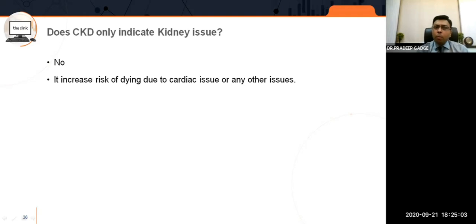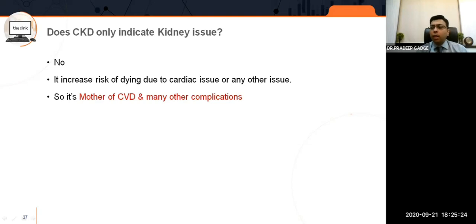So basically, chronic kidney disease is the condition which gives rise to a lot of pathological, biochemical and inflammatory changes in the body, which predisposes you to cardiovascular disease and a whole lot of other problems. So you can say chronic kidney disease is the mother of chronic cardiovascular disease and many other such complications.